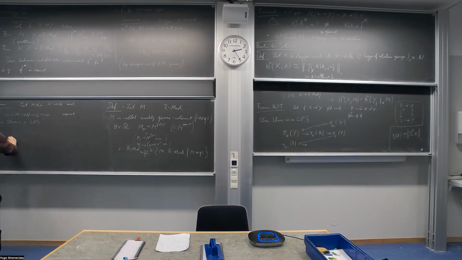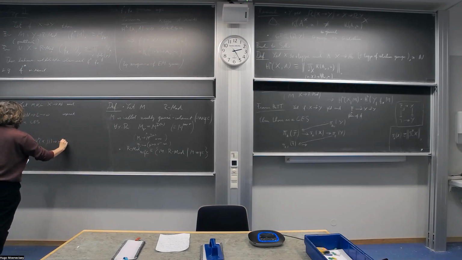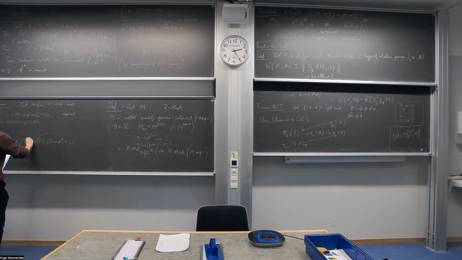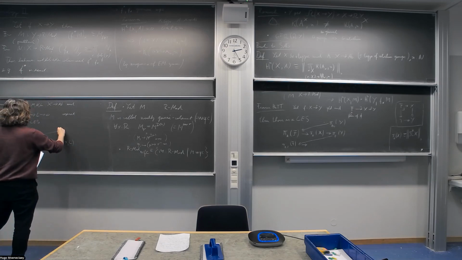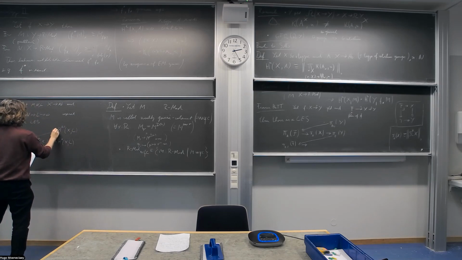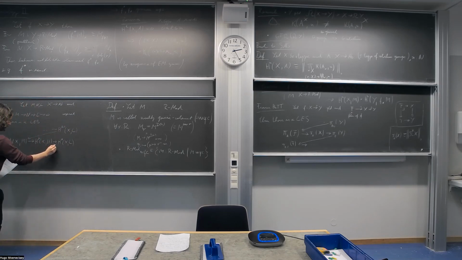So what you get is you have some H^k(X), which is covariant in the coefficients. And now the index upwards decreases, and the index downwards increases.